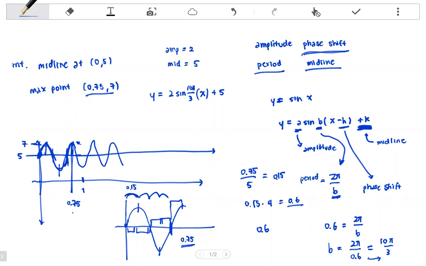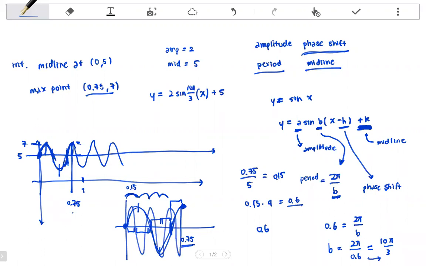So there might be a question like, since we know this point exists and this point exists, how do we know that the period is only this? It can be like this, and then reach the maximum, right?